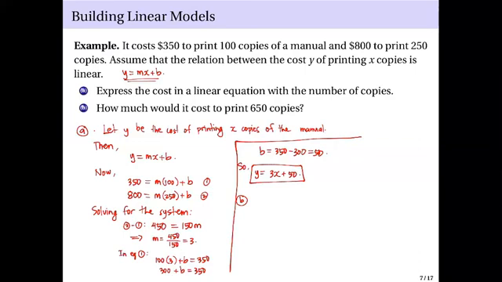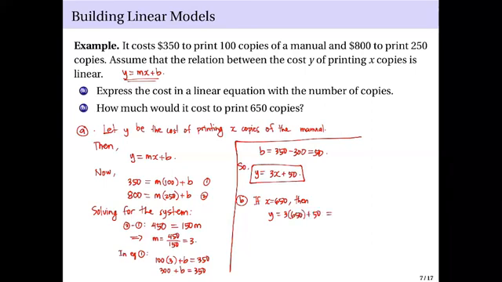For letter B, since we now have the model, all we need to do is to substitute x equals 650. So if we need to print 650 copies, then we have y equals 3 times 650 plus 50.